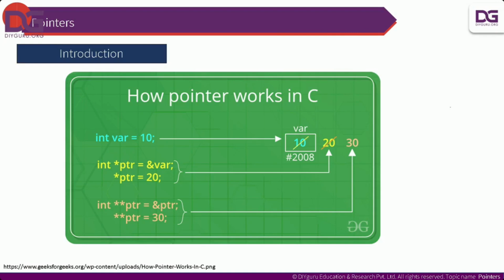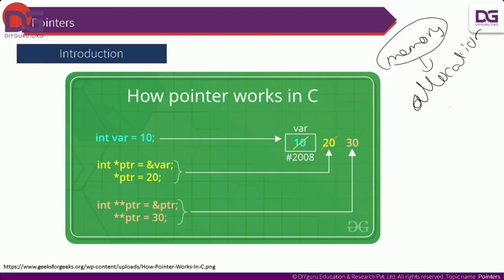So why do I need pointers? Every bit has a memory, right? With the help of pointers I can allocate these memories and I can access them. If I don't have pointers, this variable is stored in a random place that I don't know.